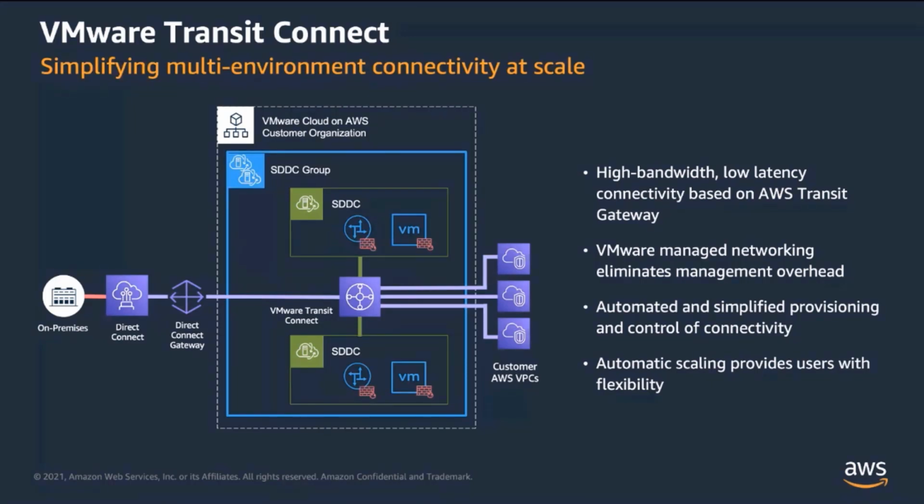Think of the Transit Gateway as a central hub that allows you to connect all your SDDCs, your on-premises sites, and also your VPCs that you might be running natively in AWS today. This central hub takes care of that routing for you, so you don't have to modify or take care of any complicated routing on your side. This is managed, and so it removes that overhead from you.